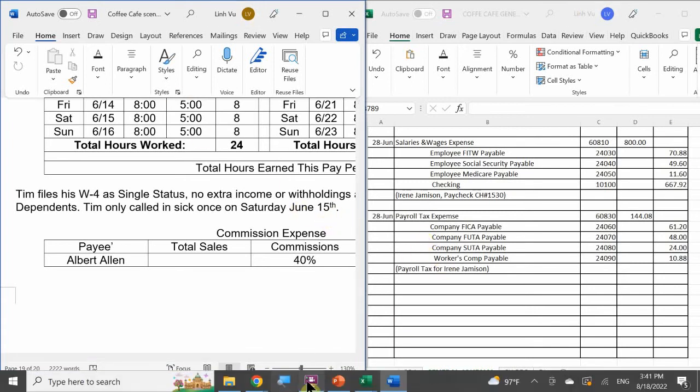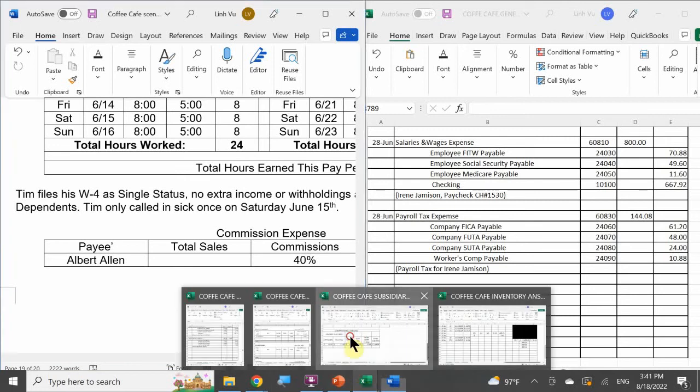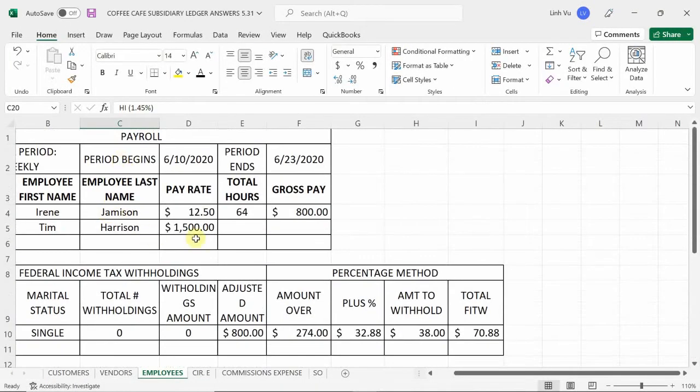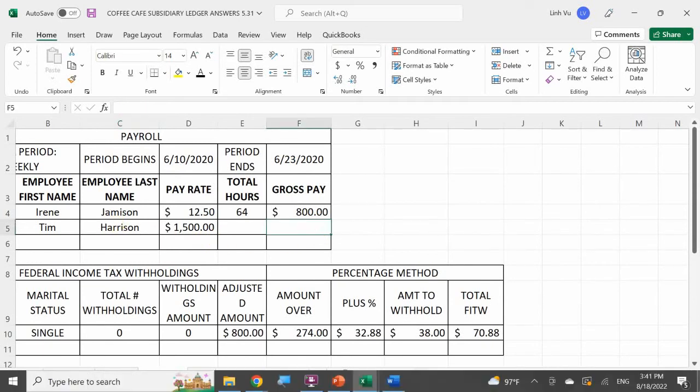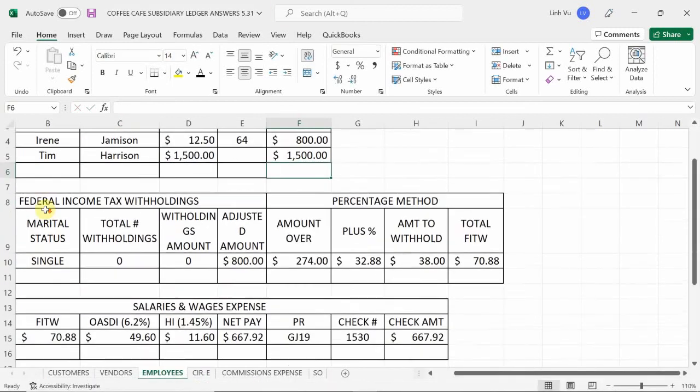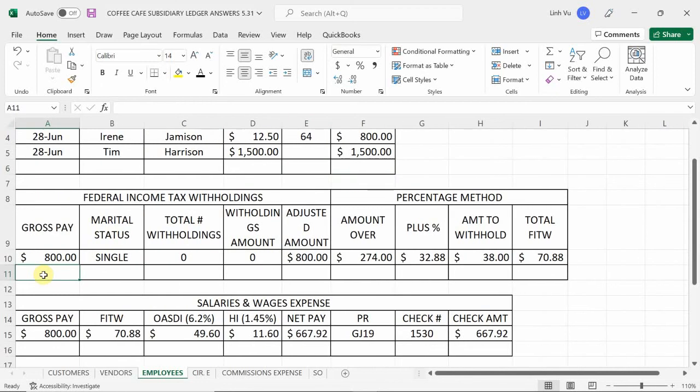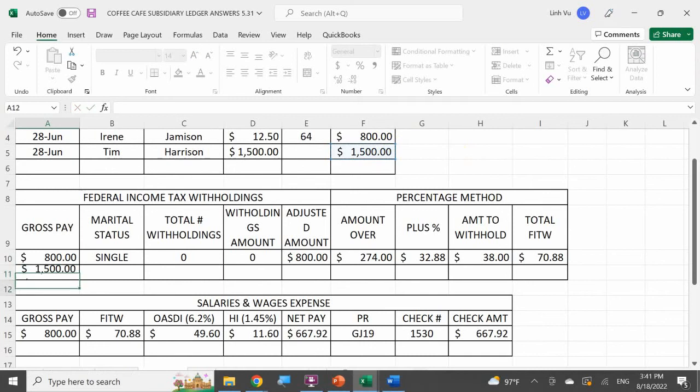So therefore, I can just go ahead and process Tim's payment because we know he's going to get $1,500 per paycheck. So $1,500 means gross pay. Doesn't matter how many hours he clocks in, he's going to get paid $1,500. We know that he's also single.